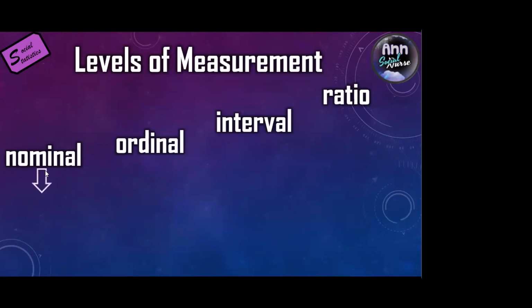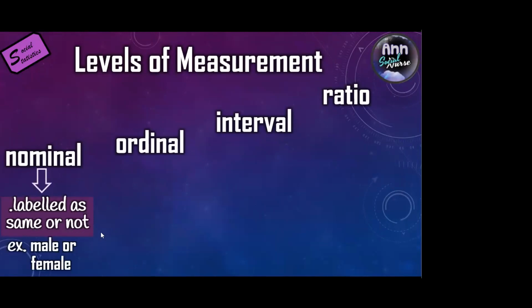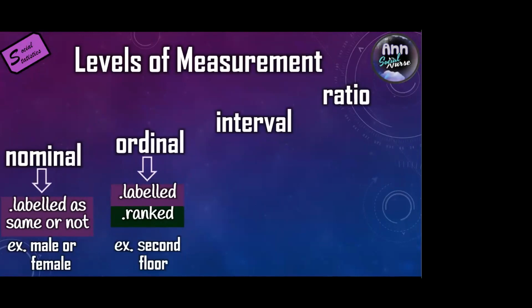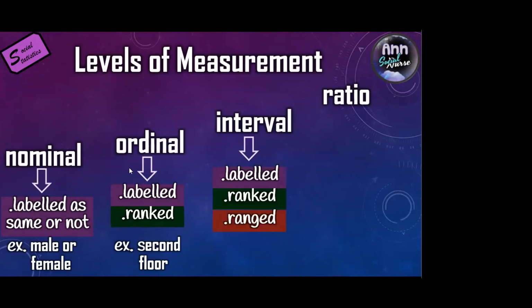So nominal here is labeled as same or not, like male or female. That's the lowest level of measurement. Going to ordinal, that's higher than nominal, so it has the characteristic of nominal. It is also labeled, but ranked this time. Example, second floor. So second floor is higher than the first floor, and so on. Interval is higher than the ordinal, so it shares the characteristics of both.